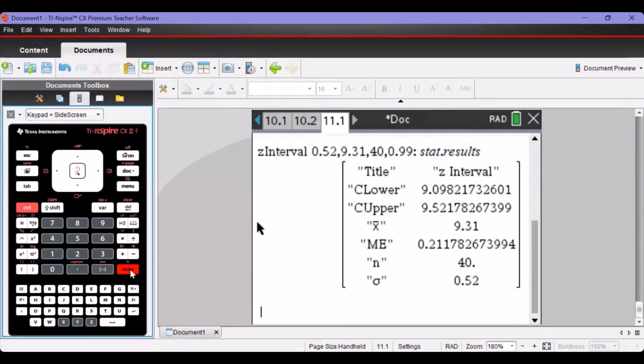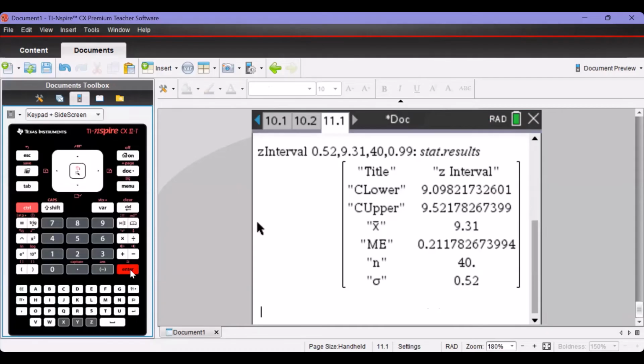And so the approximate 99% confidence interval for mu is from 9.10 to 9.52. And note that that does include the population mean of 9.5.